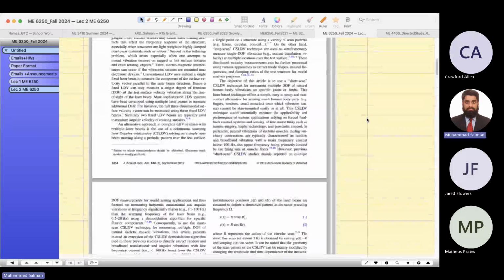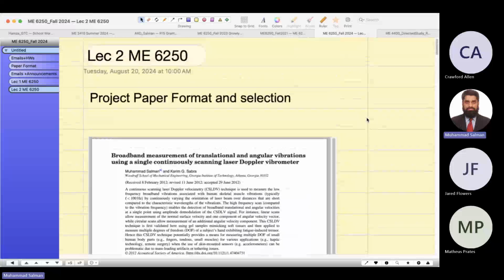But right now you have plenty of time. I'm alluding to it in the beginning of the semester so that you will not have a small amount of time to finish this project. So next week you will have to come up with at least three different ideas, and I will select what you can do with those.